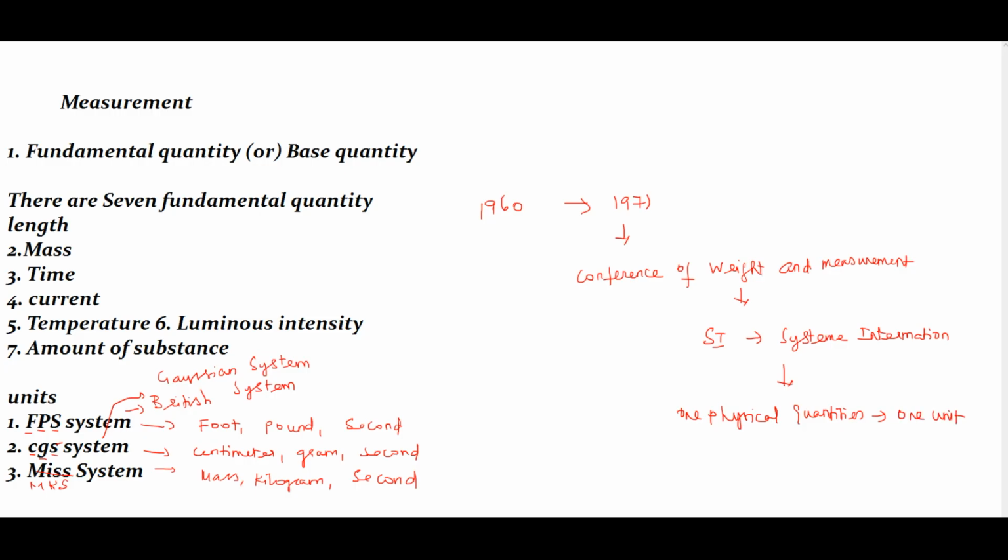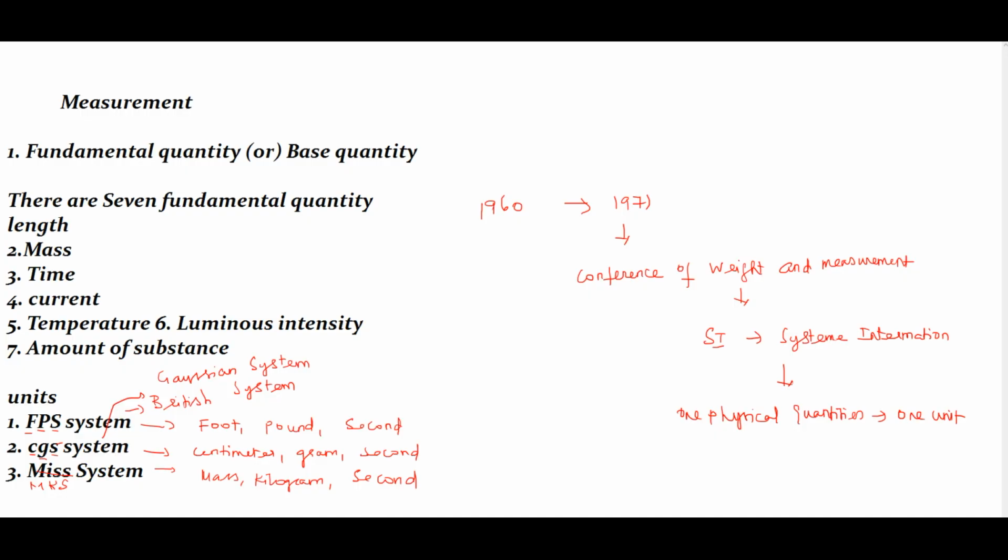Okay, so these are some of the basics we have to know about measurement. Measurement has two types: fundamental quantities, otherwise called base quantities, and derived quantities. We have to know the 7 fundamental quantities: length, mass, time, current, temperature, luminescence intensity, then amount of substance.